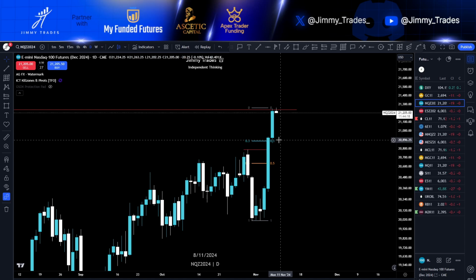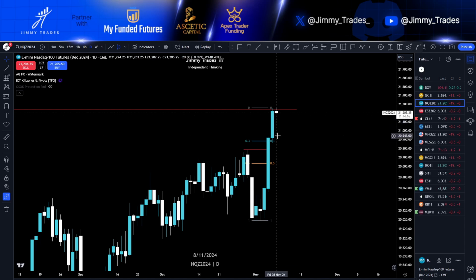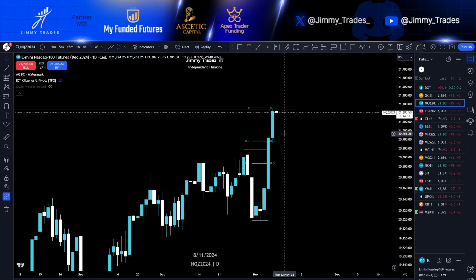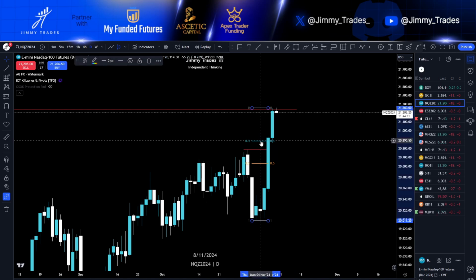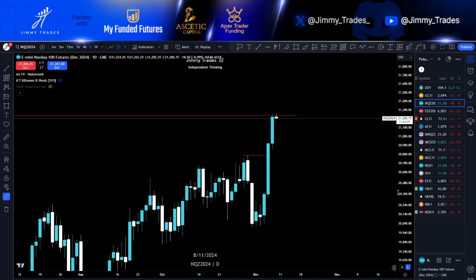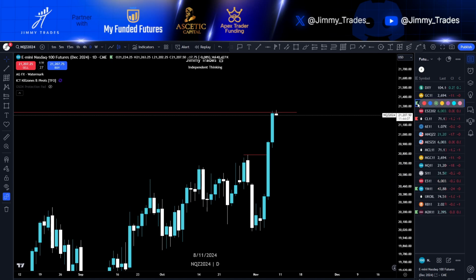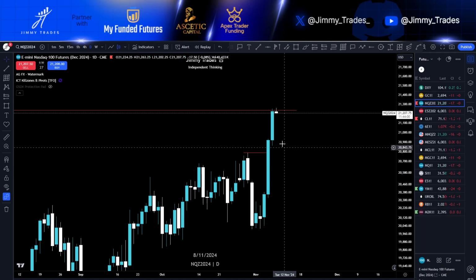So this is our 30% level. So we could see price reach back in. So I'm going to run with the bearish bias. The market does probably need to cool off a little with this large expansion.